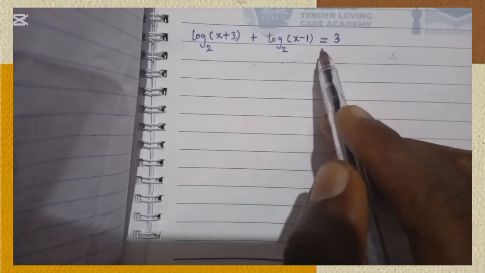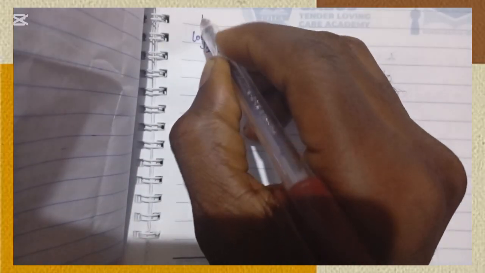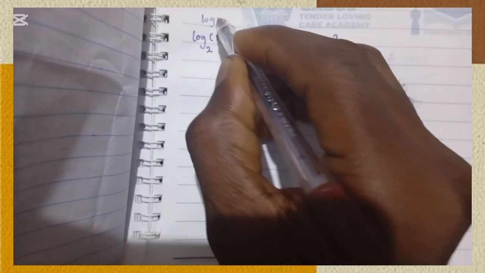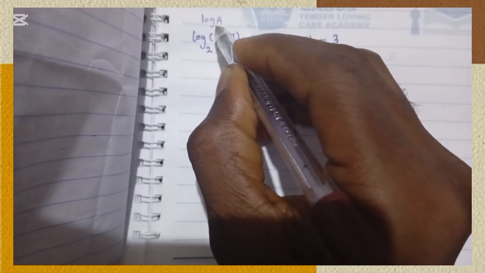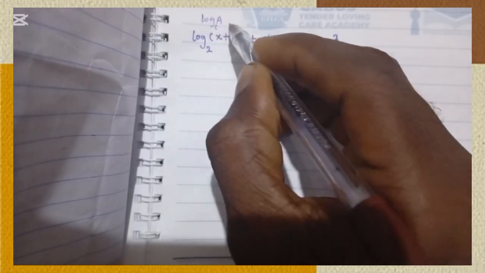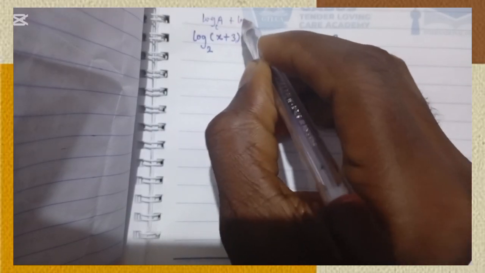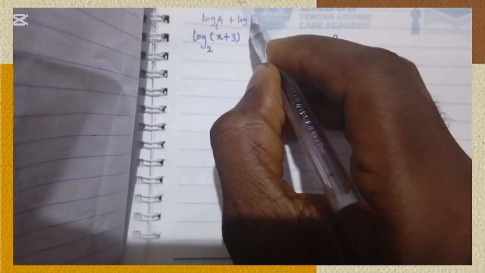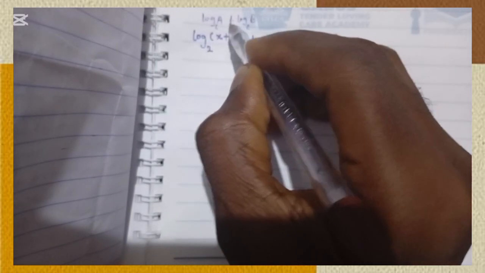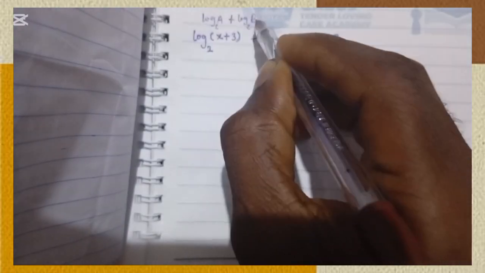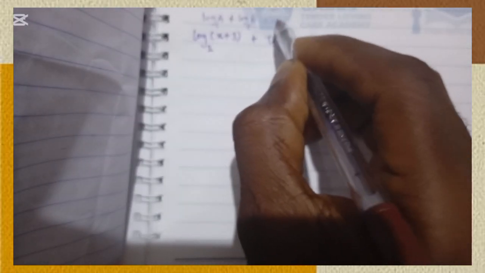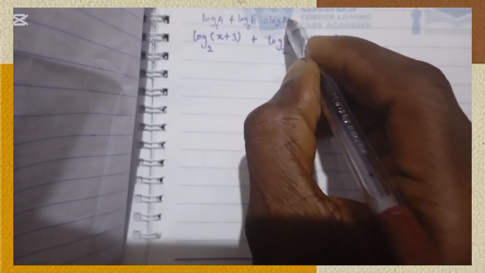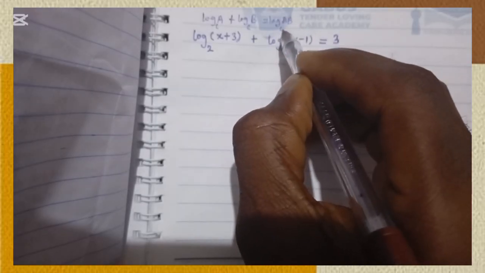Recall, one of the laws of logarithm says that if you have the logarithm of a number, say a, to a particular base, say base c, and you have the logarithm of another number, say b, to the same base c, because there's a plus sign here, you can simply multiply both. So you have log of a times b to the base of c.